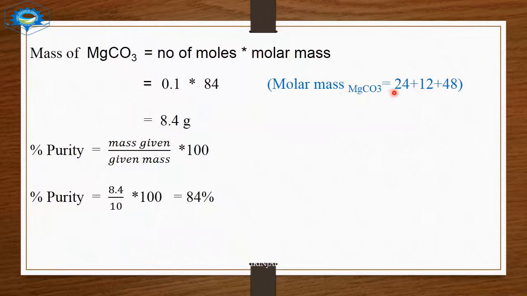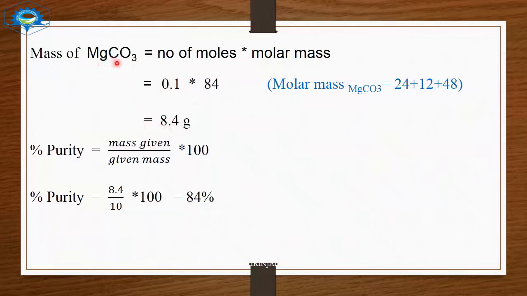Molar mass of magnesium carbonate is magnesium 24 plus carbon 12 plus 3 oxygen, 16 into 3, which is 48. Altogether it is 84. So number of moles from the previous step is 0.1, and 0.1 into 84 molar mass gives 8.4 gram.